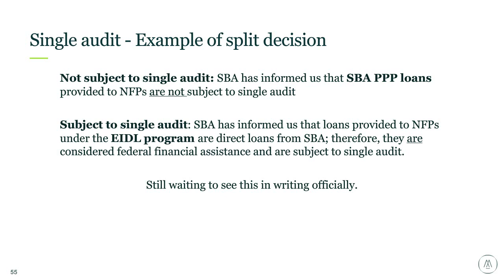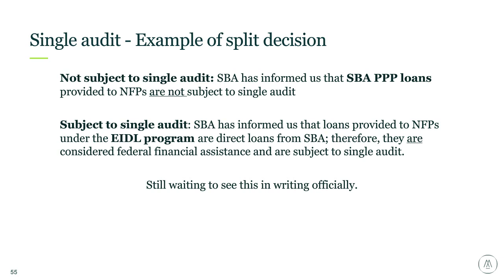We do have some examples where there could be a split decision. We're still waiting to see something in writing that's some official guidance, but SBA has informed us that the PPP loans are not subject to the single audit.